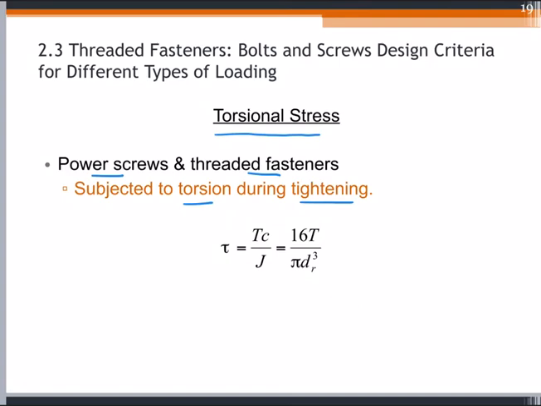The value of torsional stress can be determined from this formula, which is torsional stress equal to Tc over J. T represents torque, c represents the radius of the bolt, and J represents the polar moment of inertia.